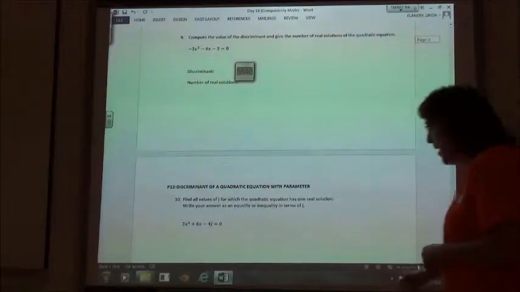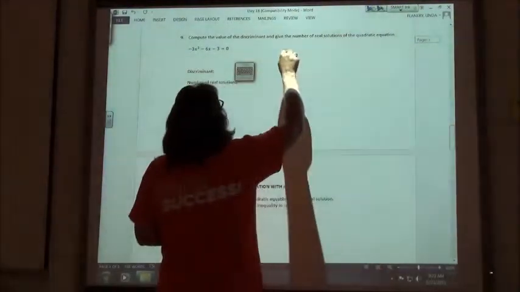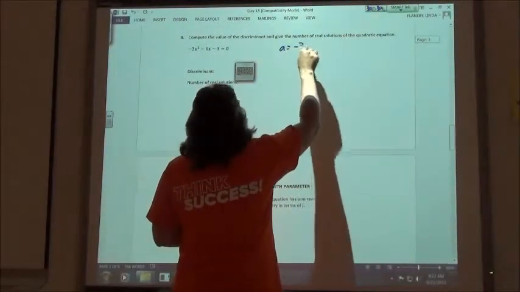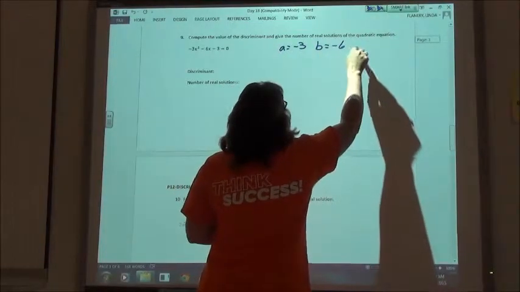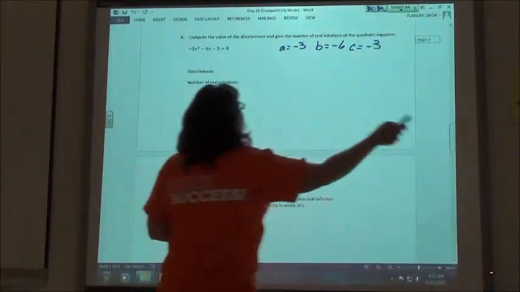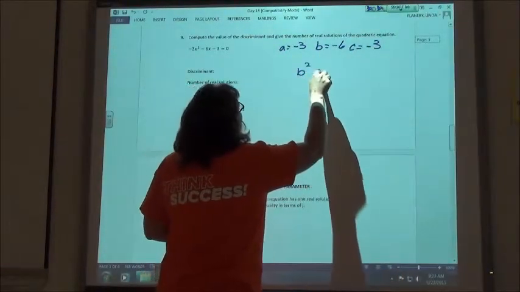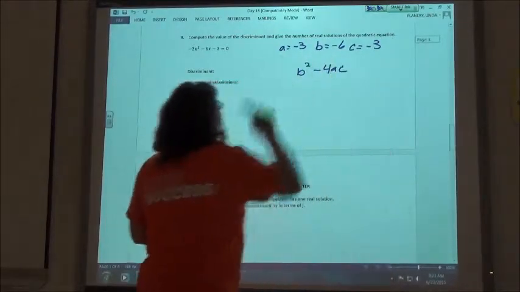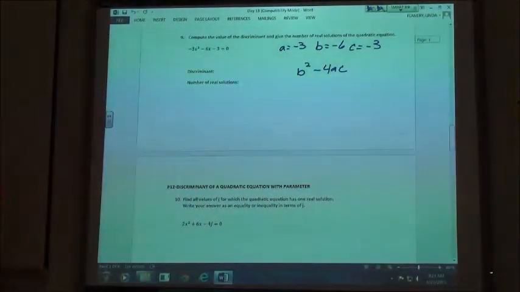And so number 9. I have A is -3, B is -6, and C is -3. So if I do my b squared minus 4ac, what would I do to figure that out?